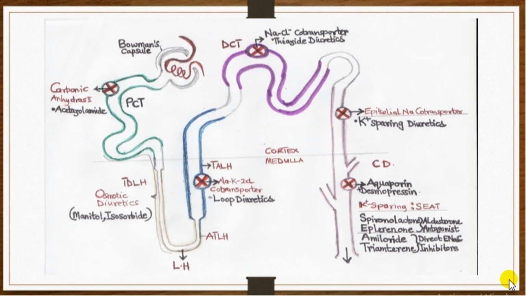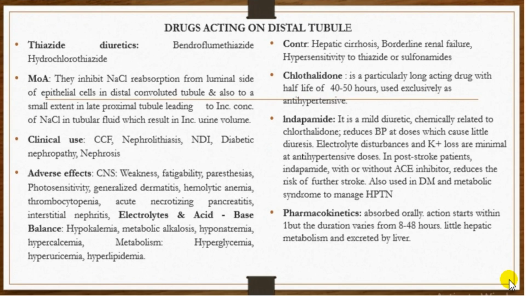Now the second thing we also see is that they also increase calcium reabsorption in the distal convoluted tubule, and this probably results from the little amount of sodium in the cell.